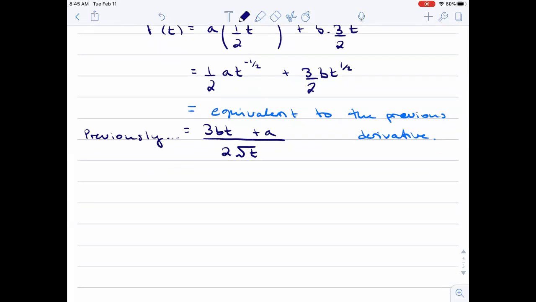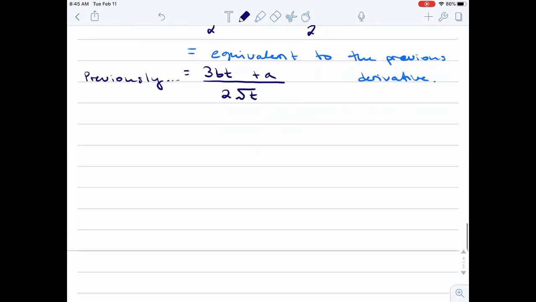Are we ready for the quotient rule? It's more of the same. It's a little bit bigger, but that's okay.